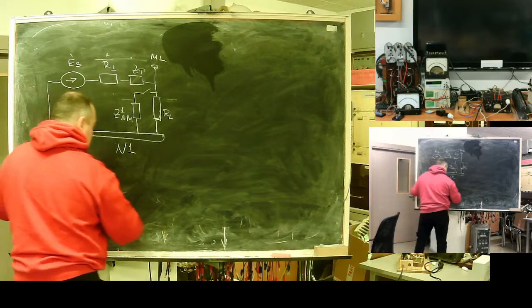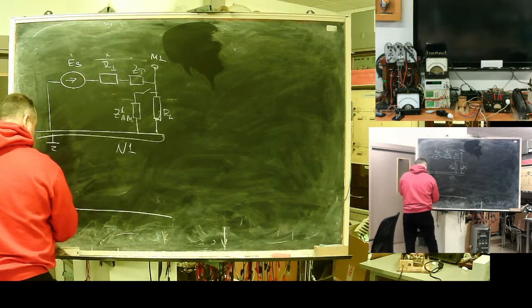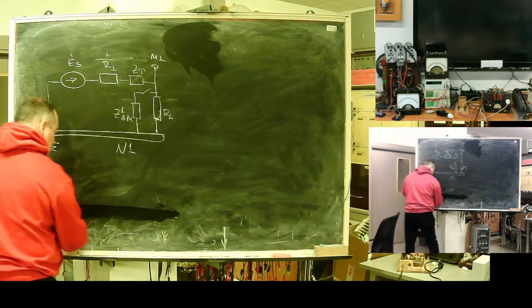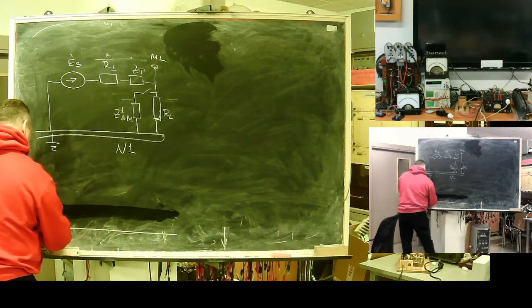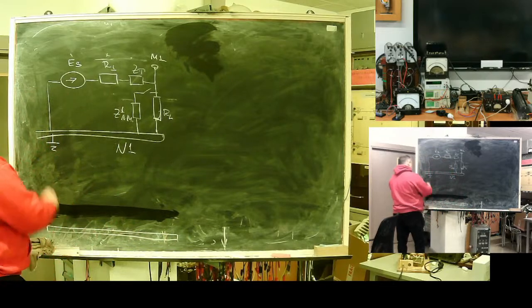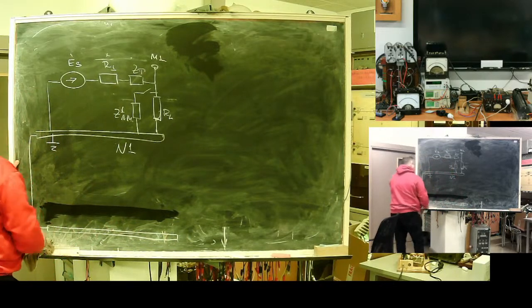For the negative sequence, I would like to reserve some space for the incidence matrix. Interconnection.